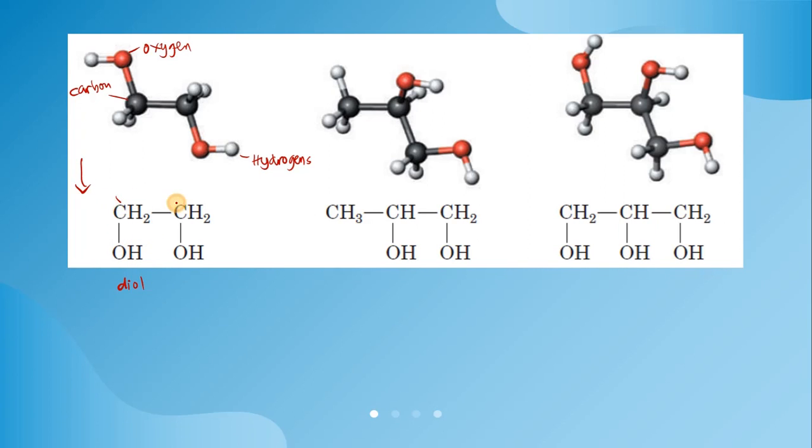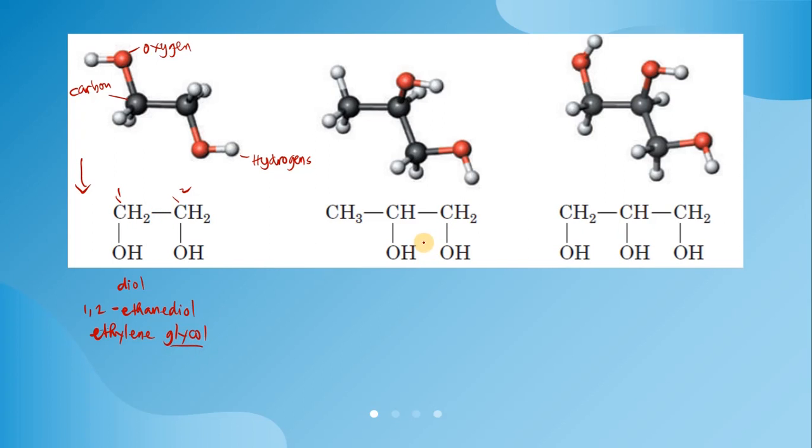How many carbons? 1 and 2. Let's write numbers 1 and 2 here. One and two carbons, it's an ethane. So ethane diol, ethanediol. The common name for this one is ethylene glycol. When your OH groups are on adjacent carbons, it's a glycol.